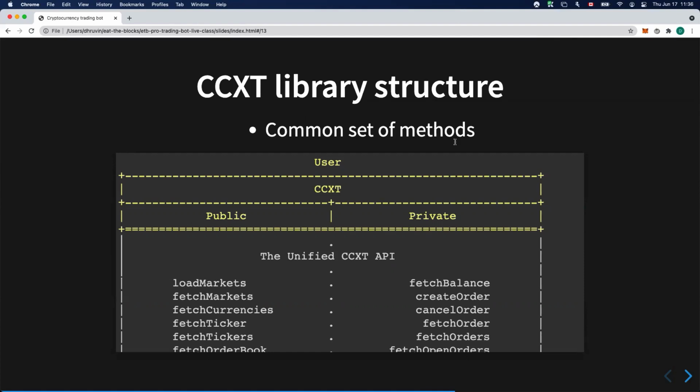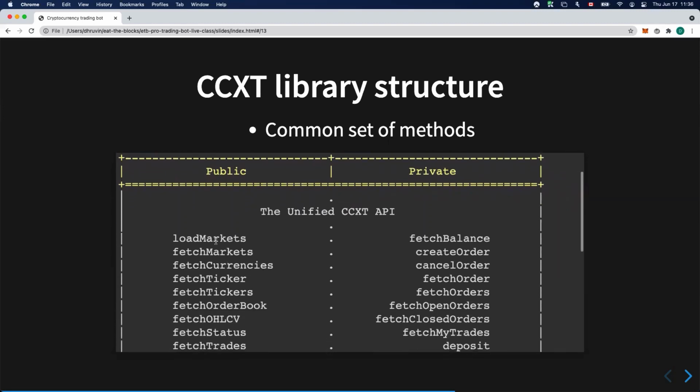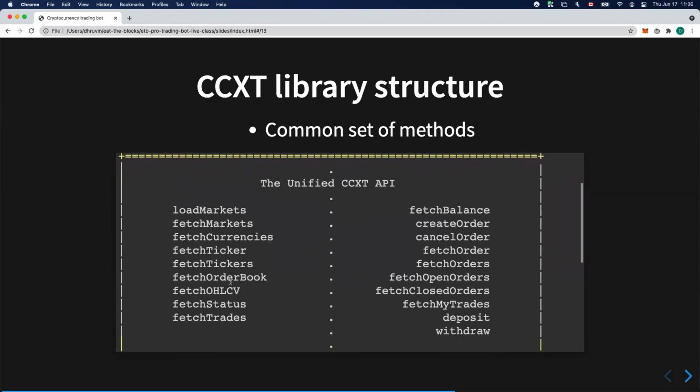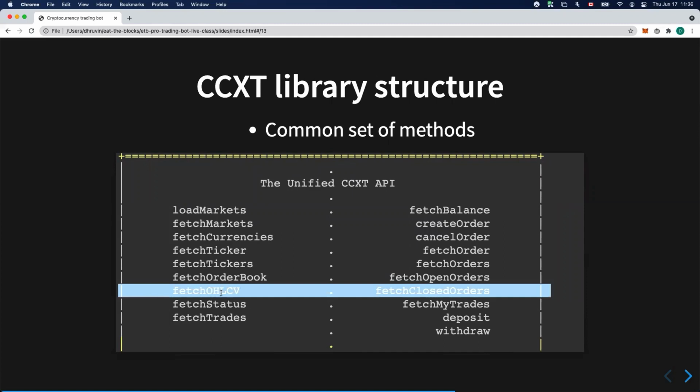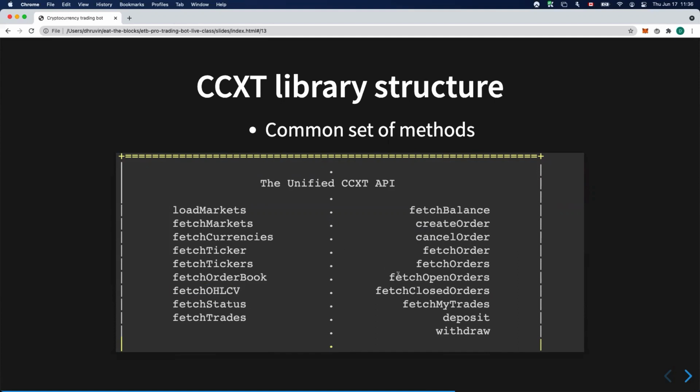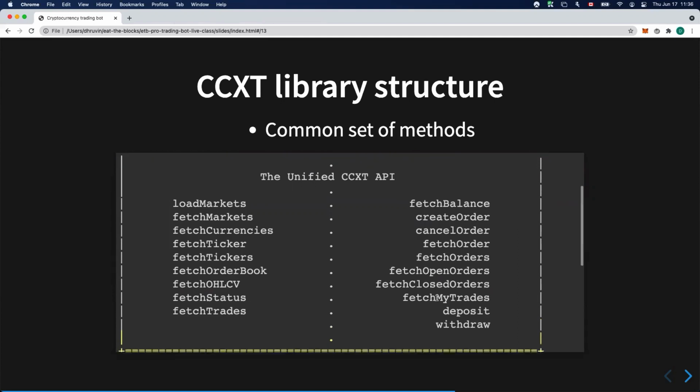You can directly get data, like markets, ticker data, the order book, or candlestick data. Whereas if you want data specific to the user, then we have private functions.